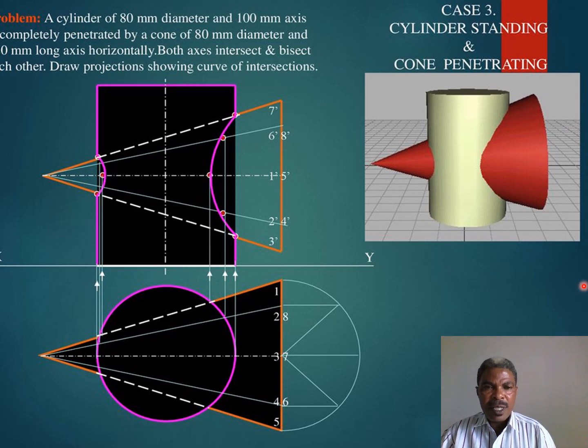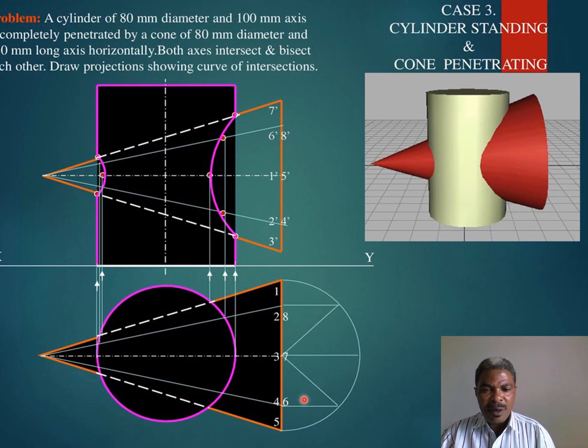The same procedure applies for a standing cylinder being interpenetrated by a cone. Here it is simple. Why? Because we have to have a semicircle here for a cylinder. A cylinder has a circle at the base, so this base of a cylinder will have a semicircle for the front view, likewise for the plan view.